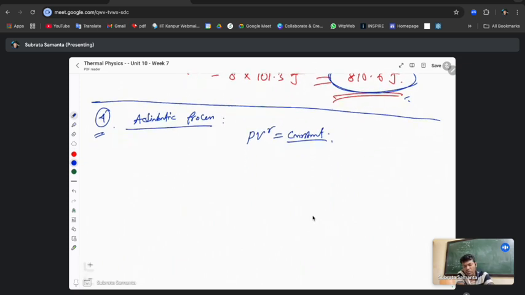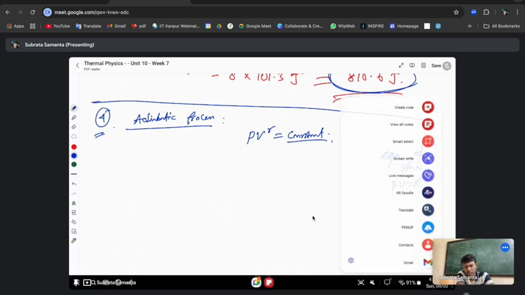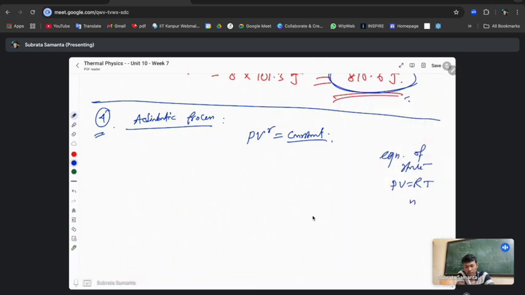But you know the equation of state is always provided. So we use PV equals RT, the ideal gas equation for 1 mole, where n equals 1.